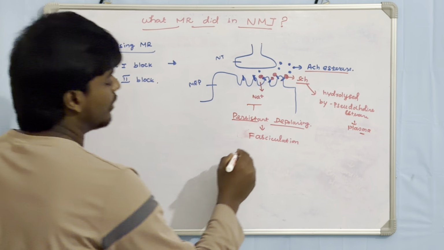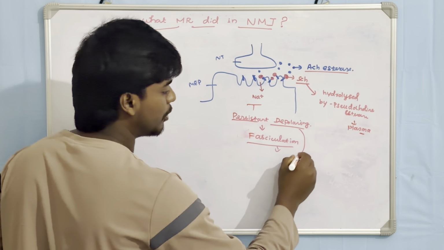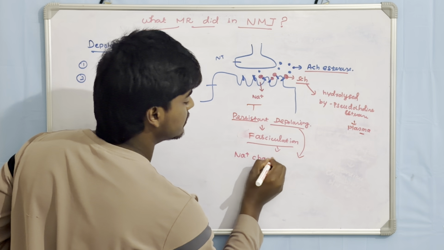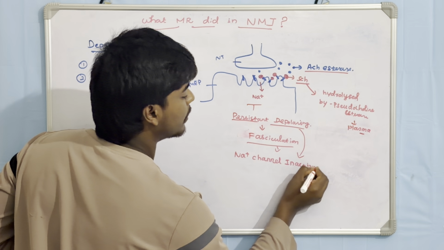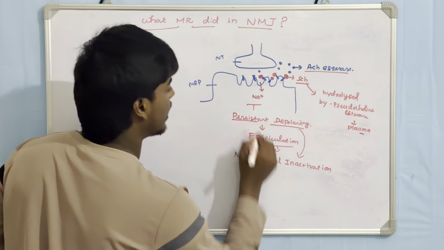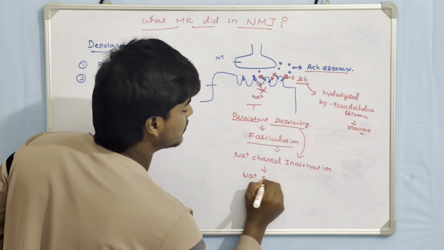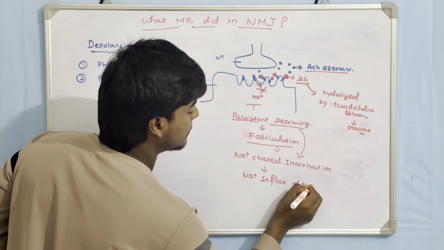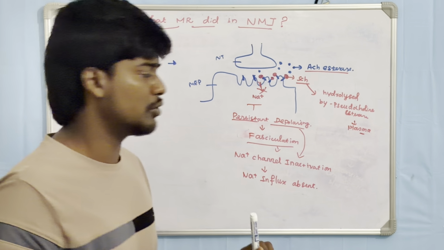After fasciculation, after some time, that persistent depolarization leads to sodium channel inactivation. With sodium channel inactivation, the sodium influx is absent; sodium does not come inside. The depolarization is also absent.